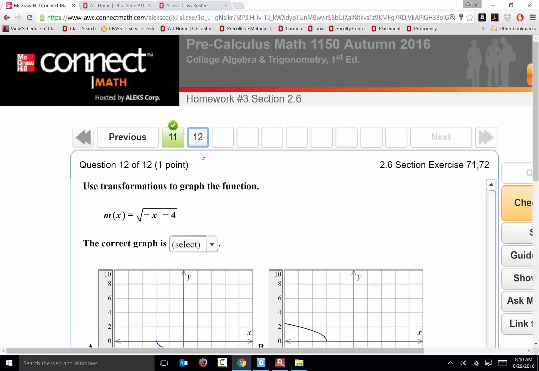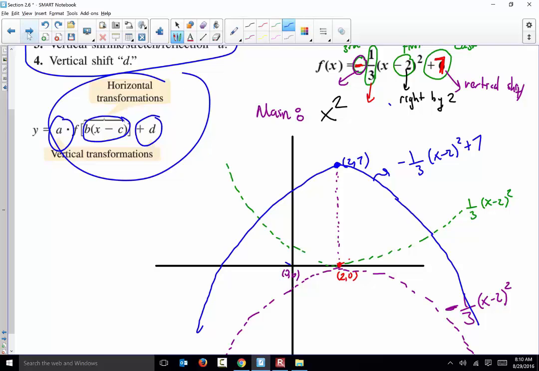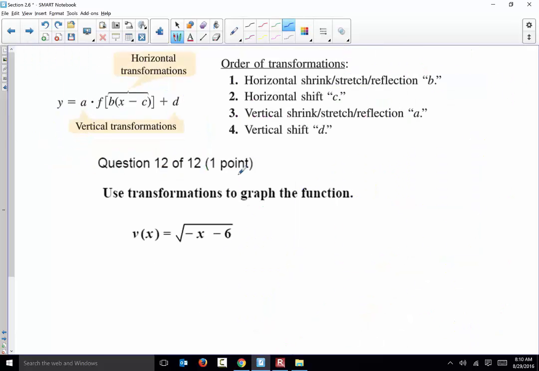Okay, this one is a tricky one. This last one, it's -4. It's not gonna make a big difference, but in the question it's -4. Now what transformations do you see here? I didn't mention, but this is extremely important.